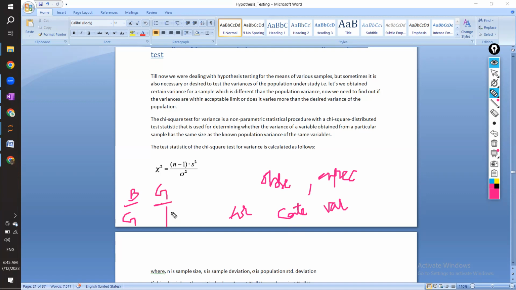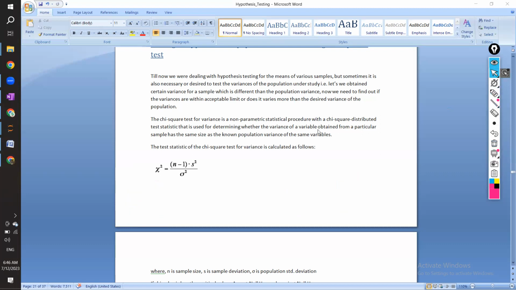So these are categorical values. Let's say there are 40 boys and some 30 girls. Based upon this data, if you want to find out if there is any relationship between the number of boys and the color they like, and the number of girls and the color they like, something of this sort, you can use the chi-square test and find out whether a relationship exists between these categorical variables or not.